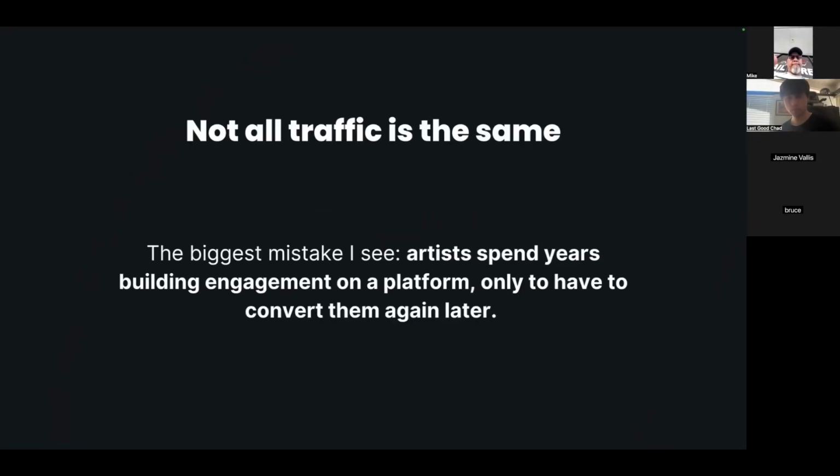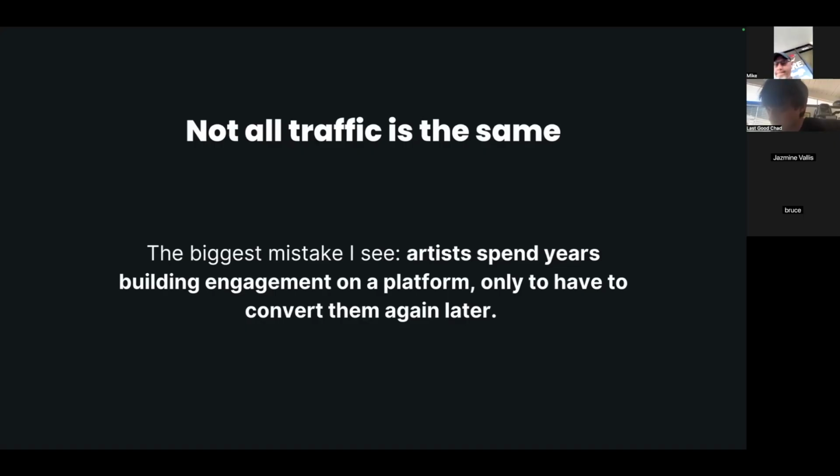The biggest mistake I see is that artists spend years building engagement, gathering traffic on a platform, maybe it's TikTok, maybe it's Instagram, only to have to try to convert them later again, right? They realize, oh, well, what I really need is people to know about my concerts, right?